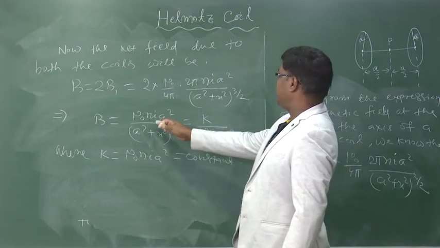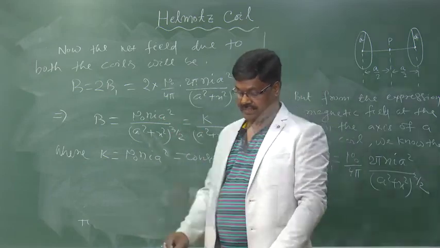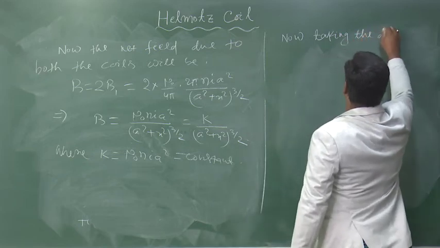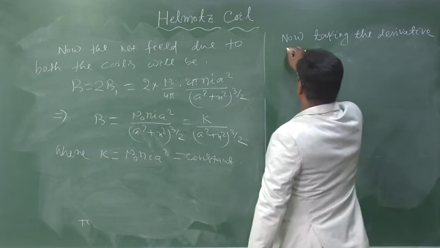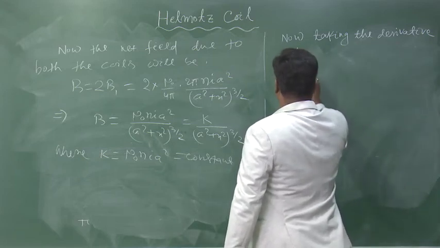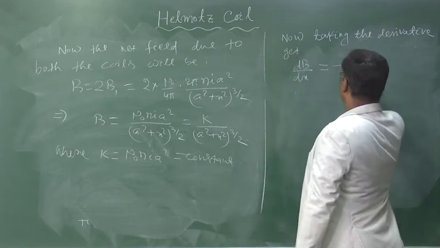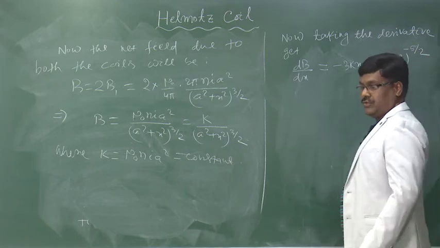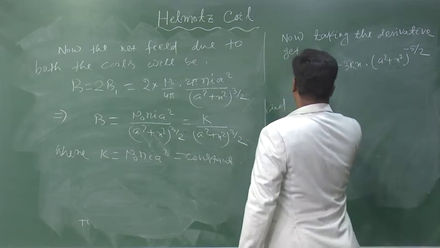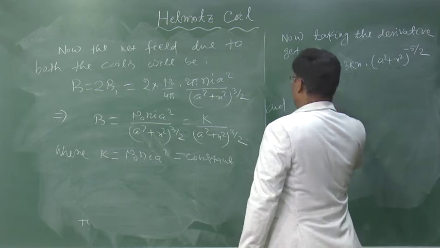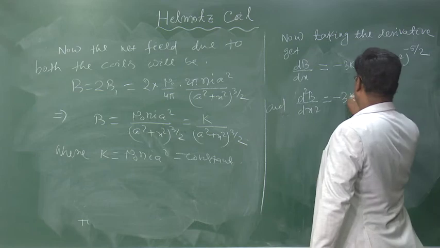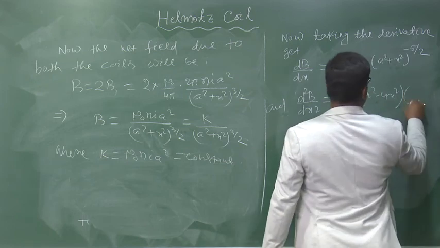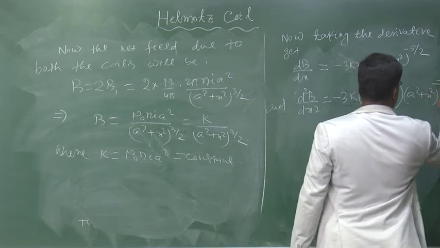Now, taking the derivative of this equation, we get dB by dx equal to minus 3kx into a square plus x square to the power minus 5 by 2, and differentiating again we get d square B by dx square equal to minus 3k into a square minus 4x square, whole into a square plus x square to the power minus 7 by 2.